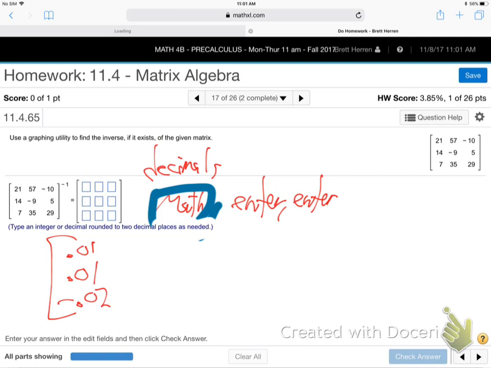Then I move right to get the next column, which is 0.06, negative 0.01, 0.02. Go to the right again: negative 0.01, 0.01, and 0.03. Is that what you guys got? Yep. Round them all to 2 places.